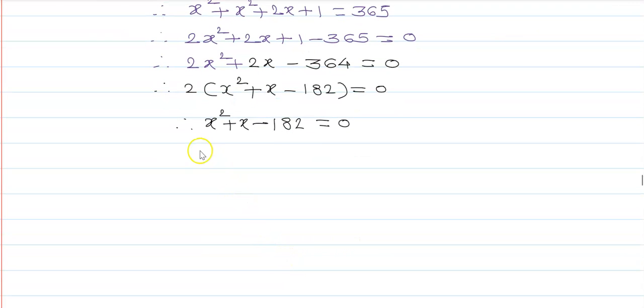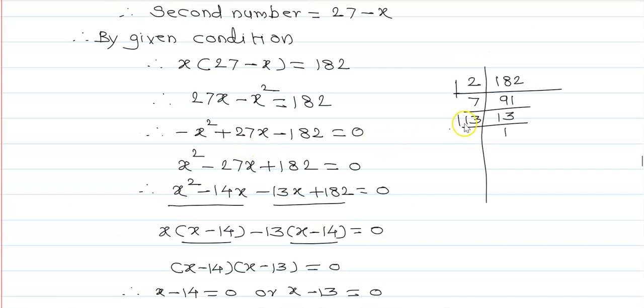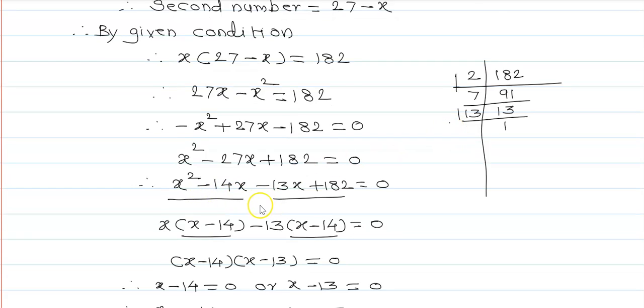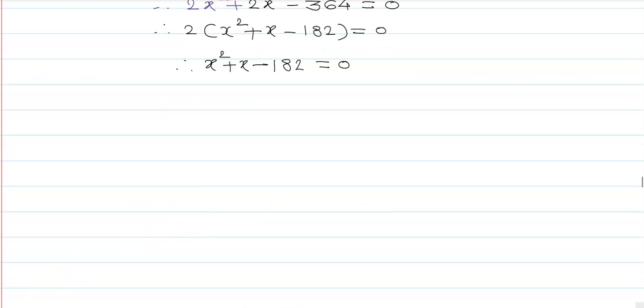Again, see this here. The product of first and last is minus 182 x square, and we want to find two numbers whose difference is 1. In previous examples, for 182 the numbers were 14 and 13, and therefore x square plus 14x minus 13x minus 182 equals 0.